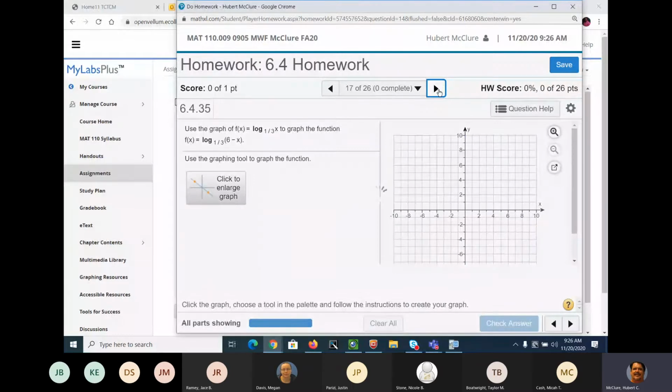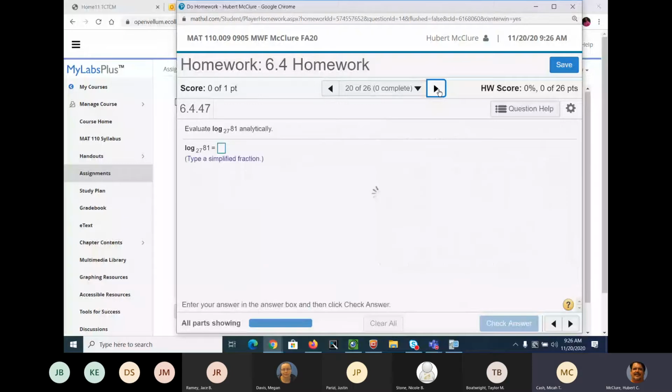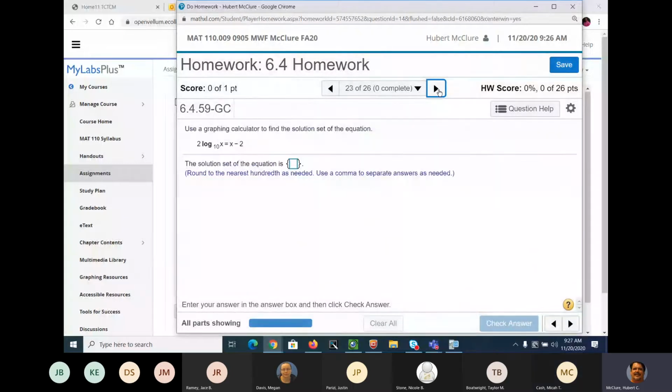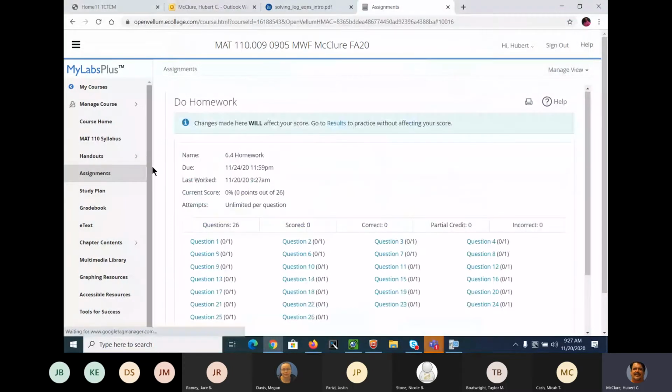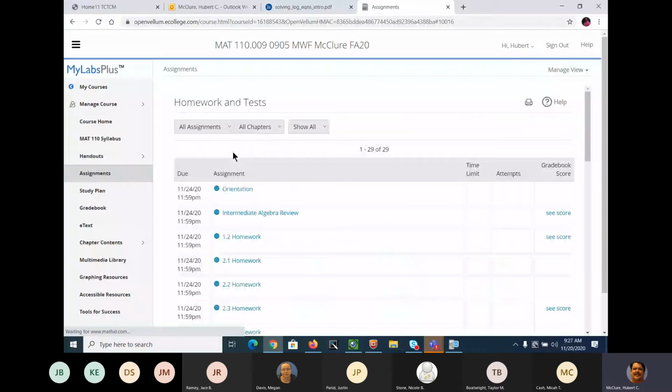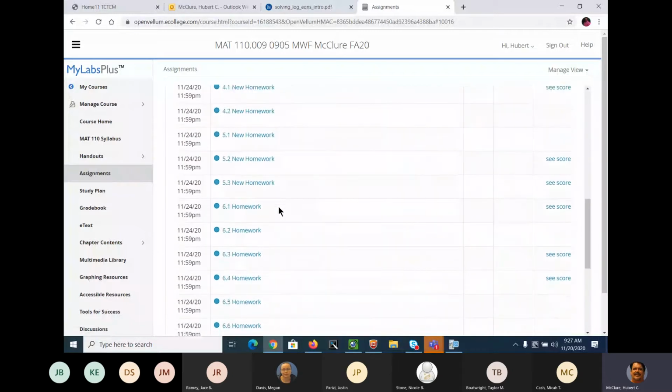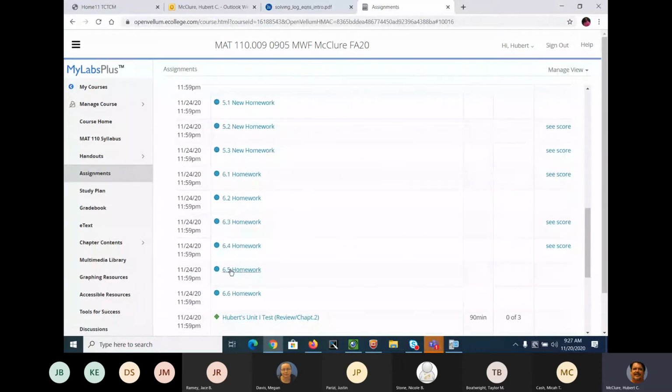Is 6.4 solving equations or 6.5? 6.5 is solving equations. Oh, thank you. I get y'all mixed up with the 5.4 is solving equations and there's 6.5.